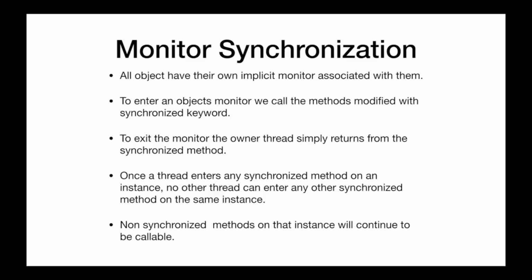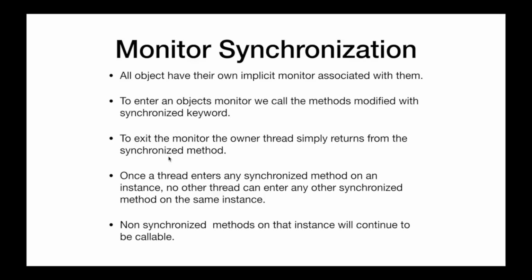So how does a monitor help in synchronization? In Java, all objects have their own implicit monitor associated with them. By default, all objects have a monitor. To enter an object's monitor, we call a method which is modified with the synchronized keyword. It's so simple to enforce synchronization by using a single keyword, synchronized.